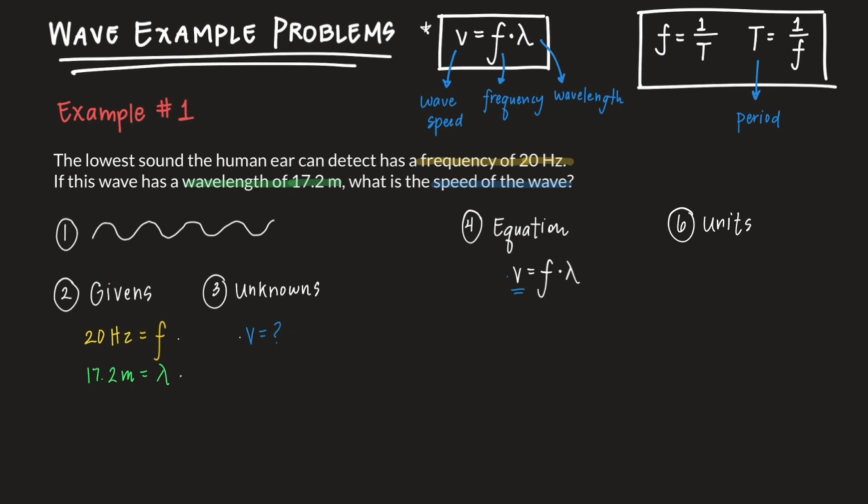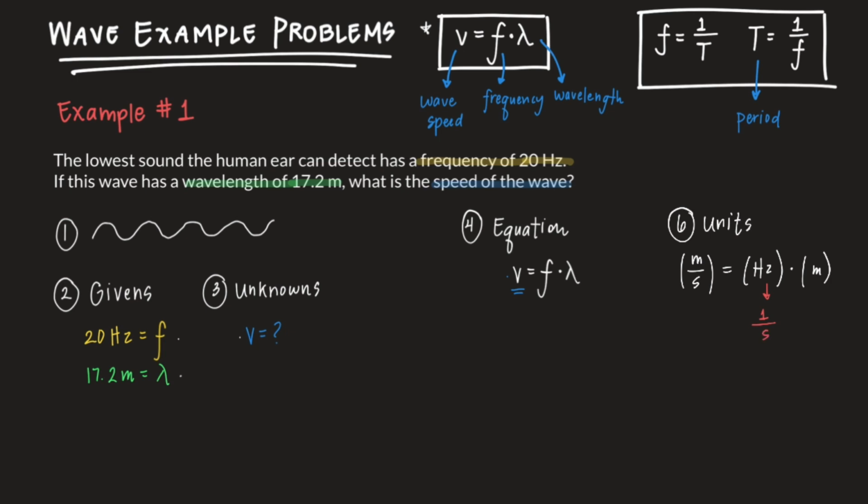We want to make sure the units all work out. Wave speed is measured in meters per second. So we want to make sure we're going to get the right unit from our equation, which I already talked about earlier in the last video. Our units for frequency are hertz, but they're also 1/seconds.